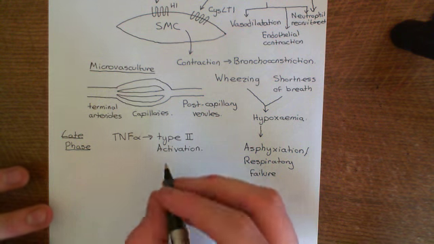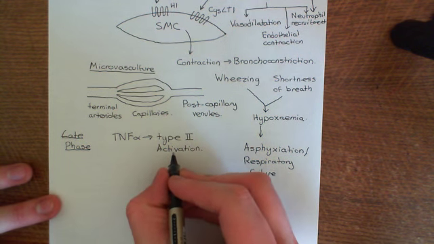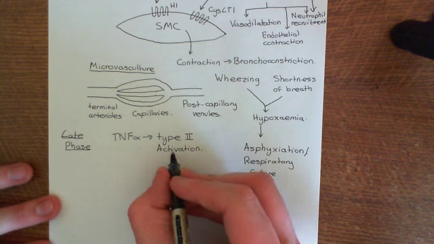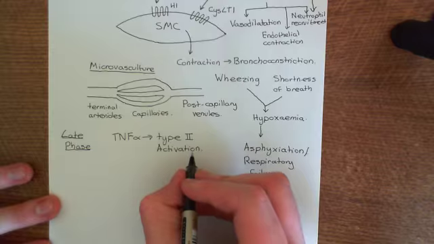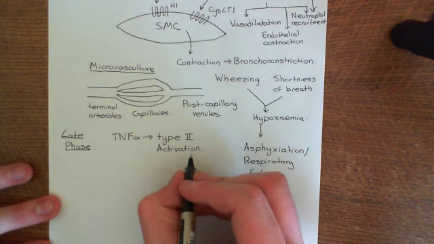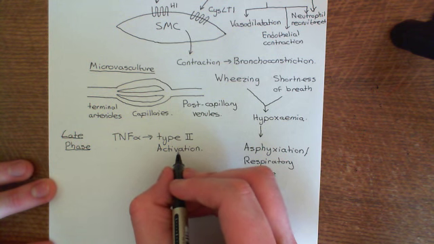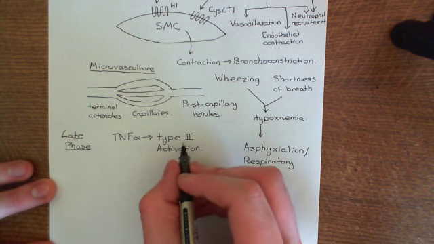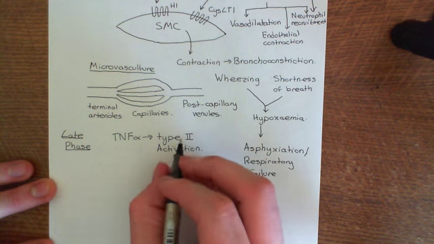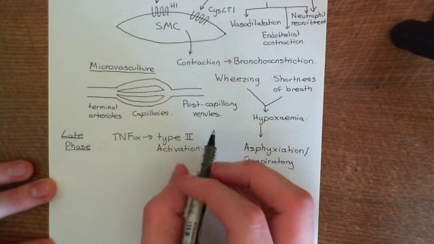Now this importantly leads to more leukocyte recruitment, so it's going to lead to more white blood cells being moved out of the blood vessels and into the interstitial fluid of the lamina propria. Now, type 2 activated endothelial cells are capable of recruiting a whole bunch of far more exciting white blood cells than type 1 activated endothelial cells were.